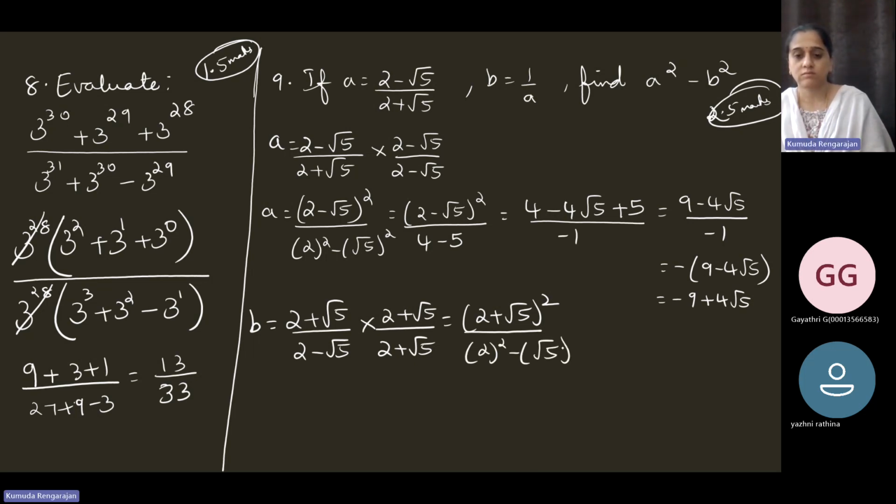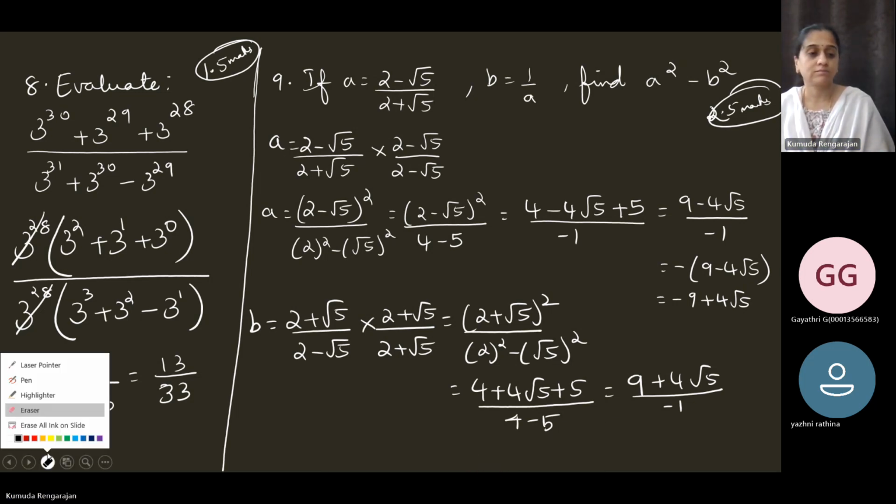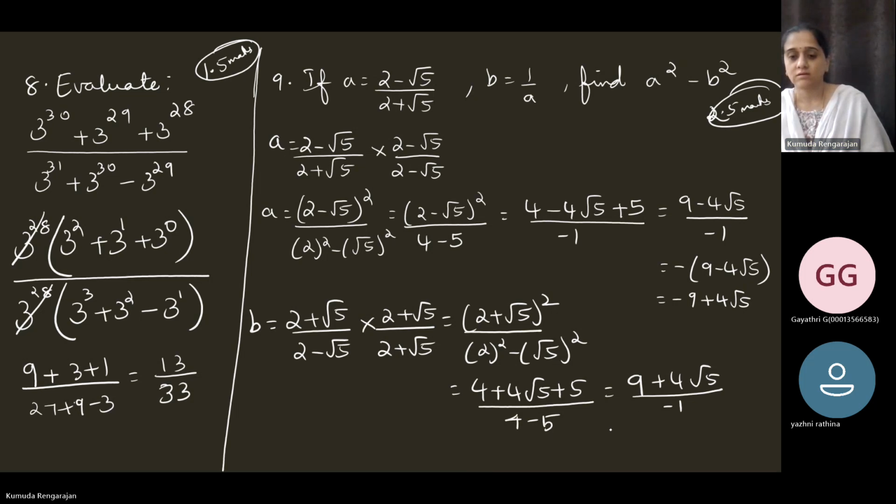Nine minus 4. So what is it? When you take the minus to the numerator, it'll be -9 minus 4 root 5.